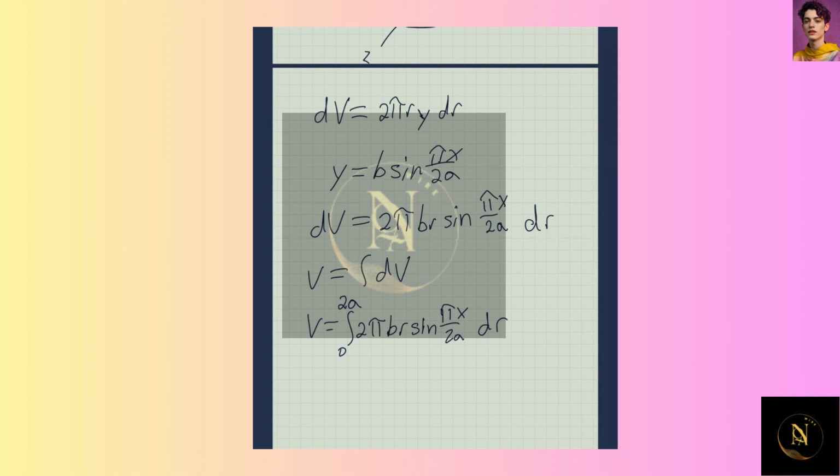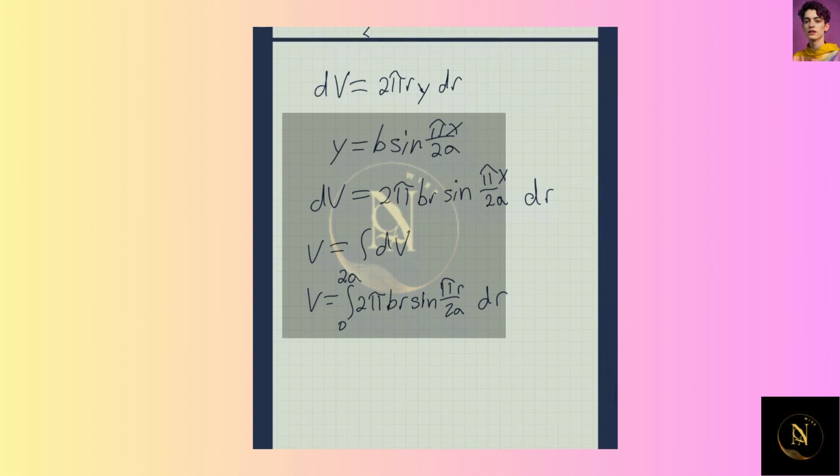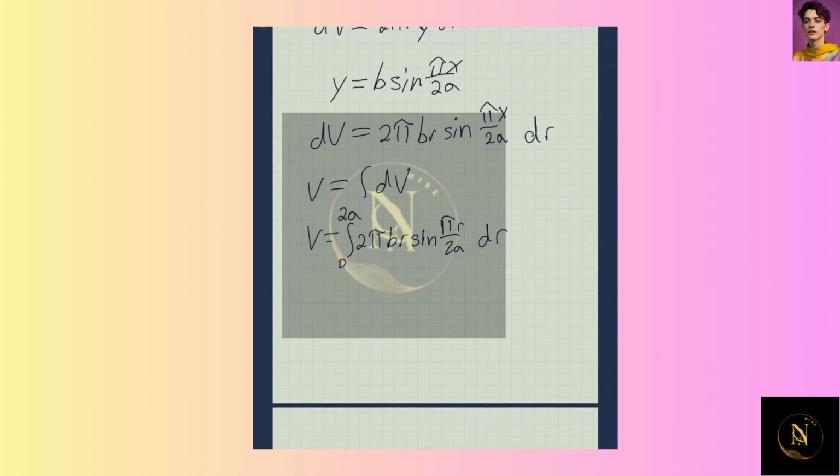So we can just plug in the dv that we found. We also need to get rid of x in this equation, and we can just plug in r for x because r is along the x-axis. So now it's all in terms of r.